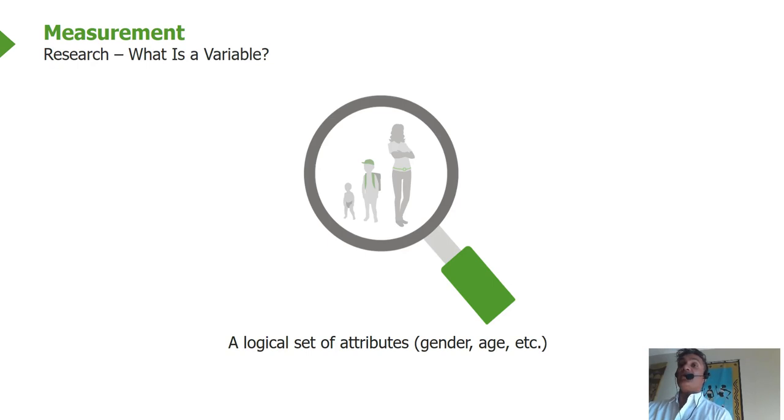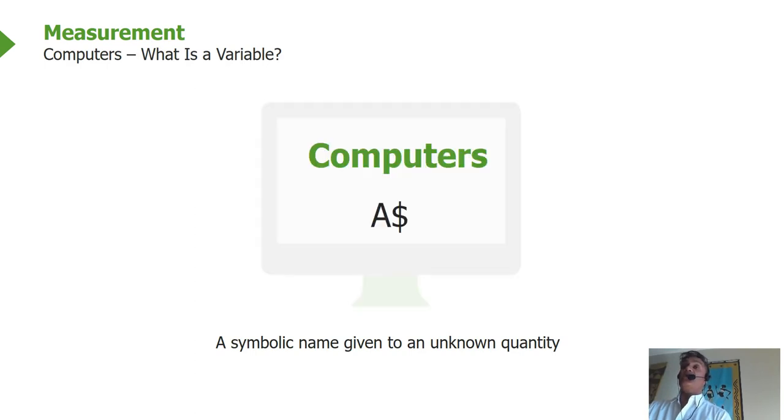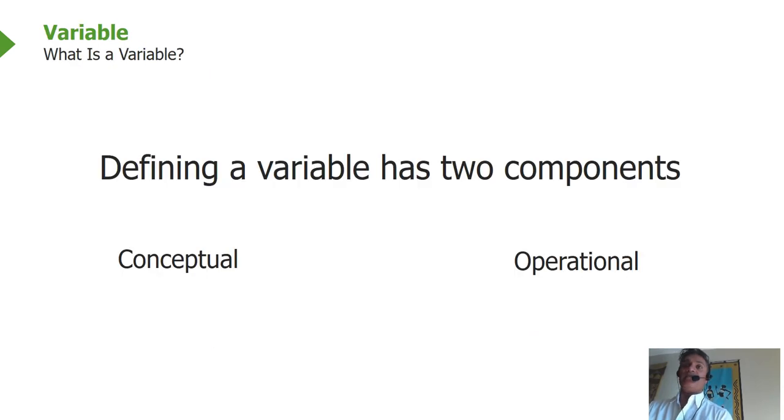In research, a variable is a logical set of attributes, like gender, age, socioeconomic status, height, whatever it might be. Usually a word is associated with it, age in this case. In computers, variables are a symbolic space where a value is loaded into computer memory. A string, for example, would be an alphanumeric variable that saves a space for a number or a letter.